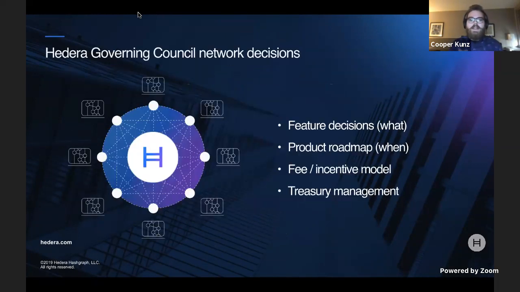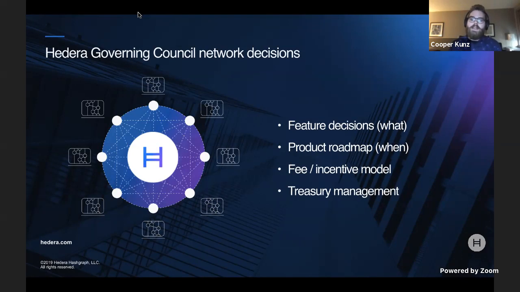And so the Governing Council really is in charge of almost everything about that bottom of the stack that I showed you earlier. They're responsible for the decisions of what gets added to that platform and what it does. They're responsible for the roadmap and when we do things, how long we plan out, things like how worried are we about quantum encryption and post-quantum signature support.